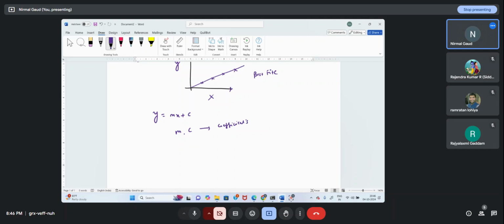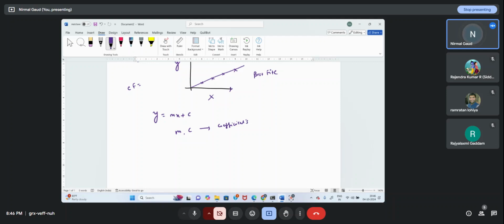Okay, this is y equal to mx plus c. By my own working, by solving this cost function, which we have done the entire derivation, I found m and c.